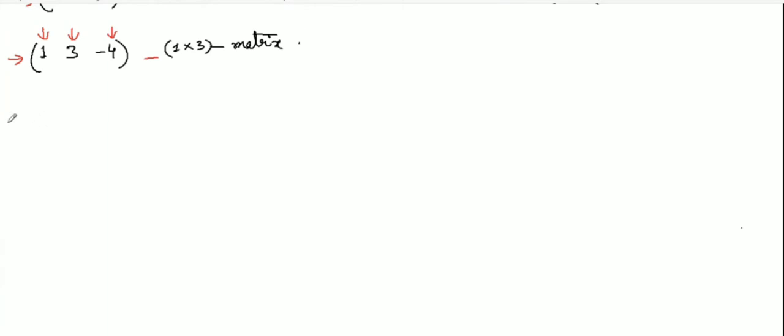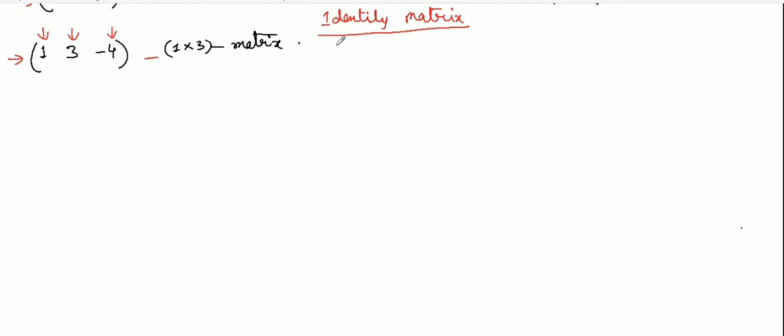Now there is another matrix called the identity matrix. Let's understand what an identity matrix is. An identity matrix is either a 2 by 2 matrix or a 3 by 3 matrix. In an identity matrix, 1 will be on the main diagonal and zeros everywhere else.